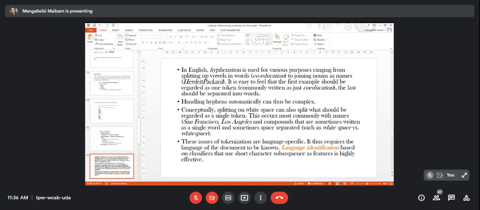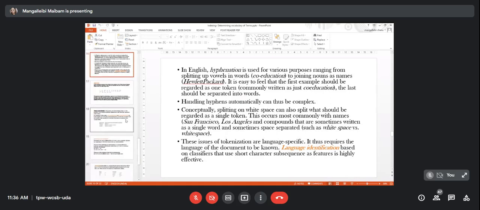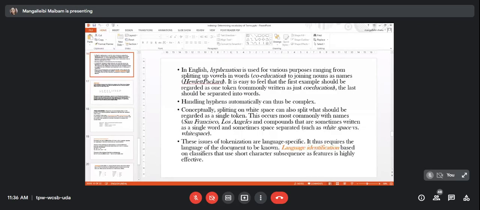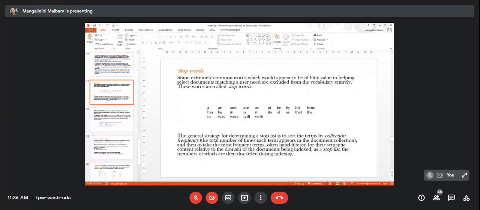So in language identification, we are going to perform normalization of the terms. And we also have seen stop words yesterday. So what are stop words?